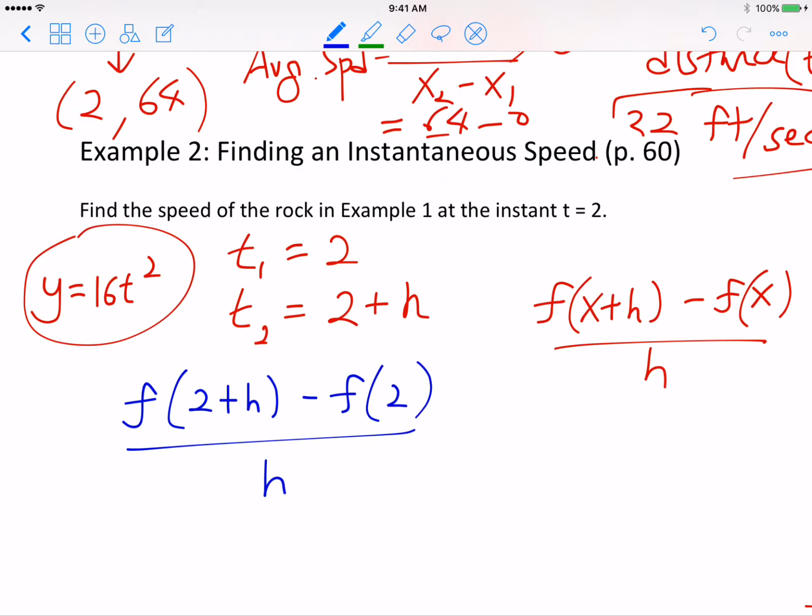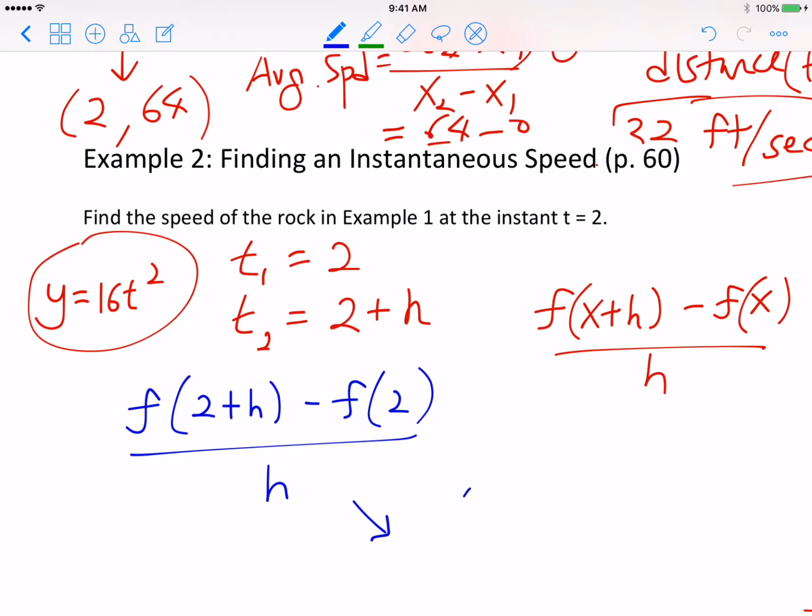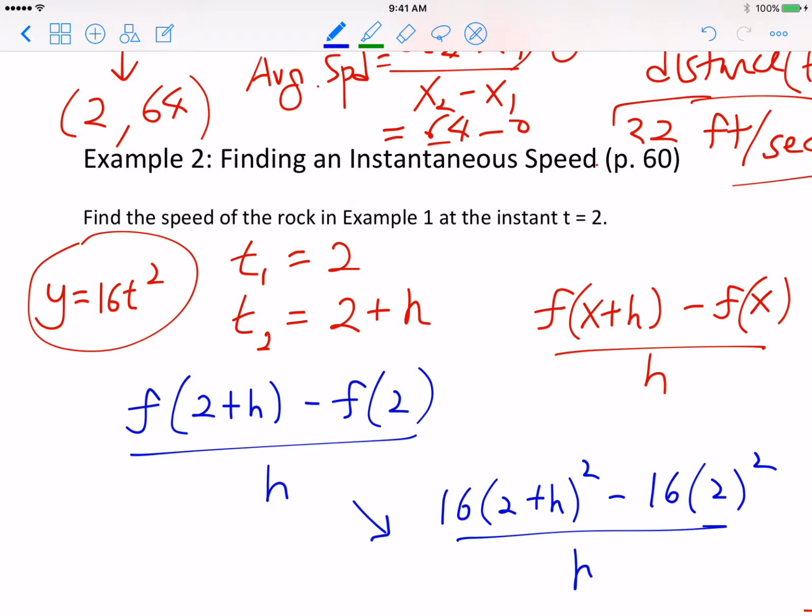What this implies is that 2 plus h becomes our independent value that we substitute in place of t. So that becomes 16 multiplied by 2 plus h to the second power minus 16 multiplied by 2 squared, all over h. And this expression generalizes the average rate of change.